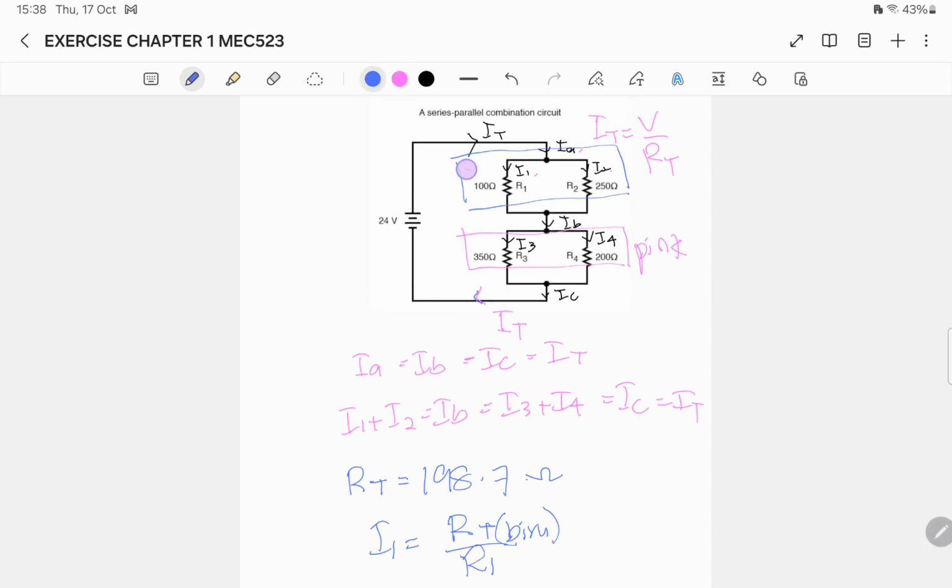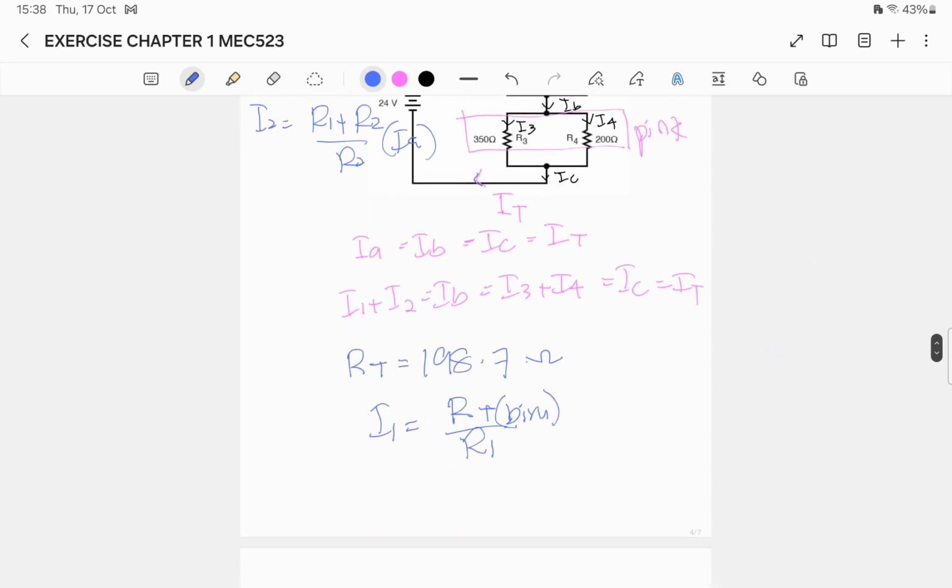Okay, untuk box biru I1 dia equals to R total dia, R1 tambah R2 over R1 darab dengan IA. IA tu I total lah, kan? Okay. Untuk I2 pula terbalik lah. I2 darab IA. Okay.